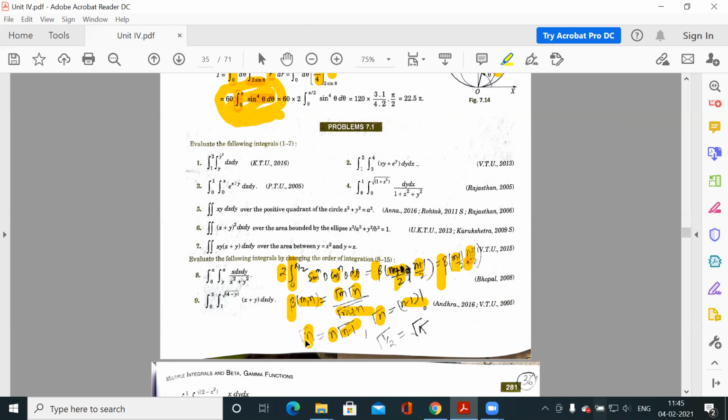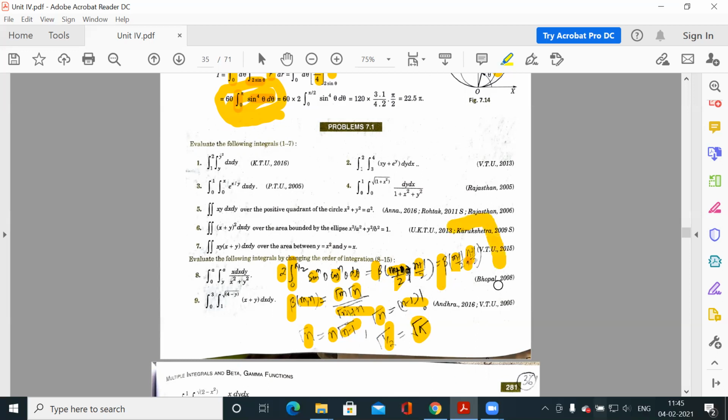And if n is not an integer, we will use this definition: gamma n is equal to n minus 1 times gamma n minus 1. That means, suppose gamma 5 by 2. Gamma 5 by 2 is 3 by 2 gamma 3 by 2. Now again using the same definition, gamma 3 by 2 is equal to 1 by 2 gamma 1 by 2, and gamma 1 by 2 value is square root of pi.